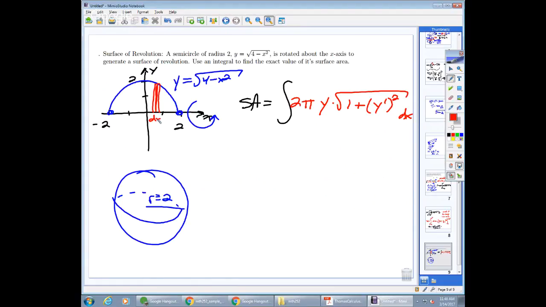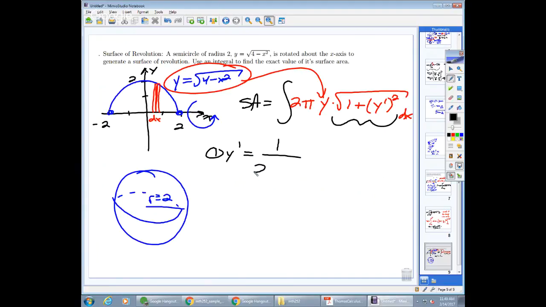Things to know here, well, this right here is my y. So I have to take its derivative, square it, add 1, see if that cleans up at all. So let's go for it. Step 1 is to find y prime. So we can calculate that. Derivative of the square root is 1 over twice the root, if you look at it that way.